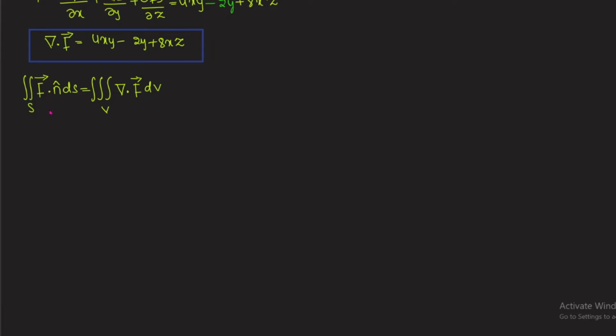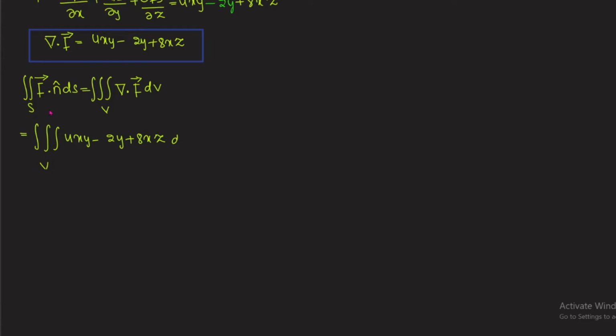This will become the triple integration over the volume of del dot F, which is 4xy minus 2y plus 8xz, dV.